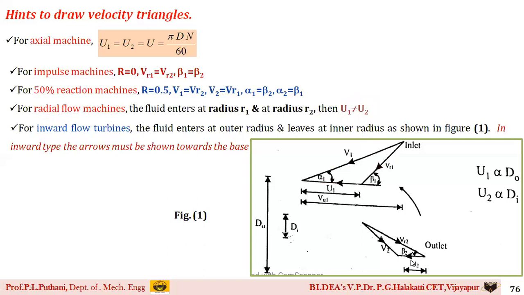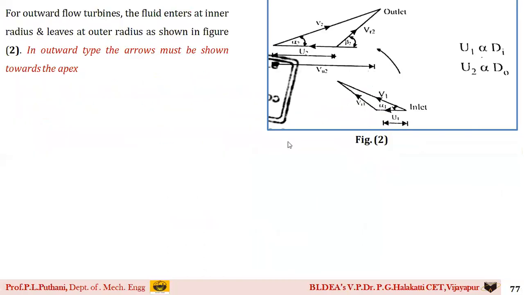If the question is about outward flow turbines, it means the fluid is moving outward: it enters at the inner radius and leaves at the outer radius. It is the reverse now.